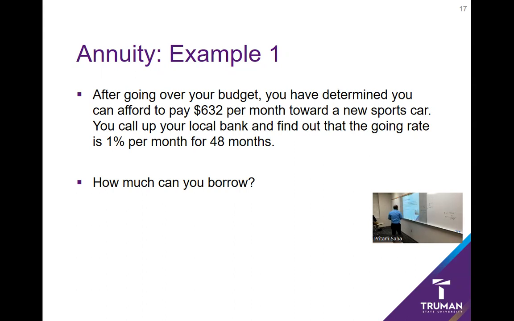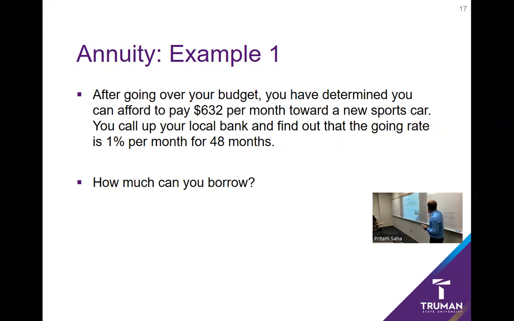Now from that, how much N do you want to input? What should be the value of N? No, sorry, it should be 48. Why 4? Because it's 48 by 1, so I'm putting in the years.